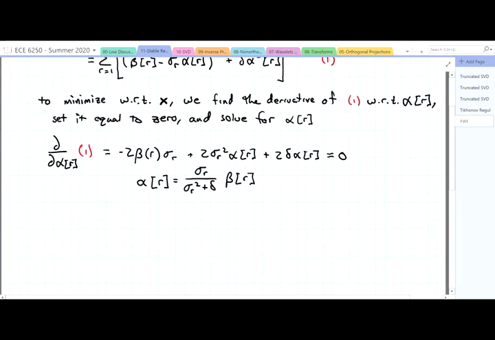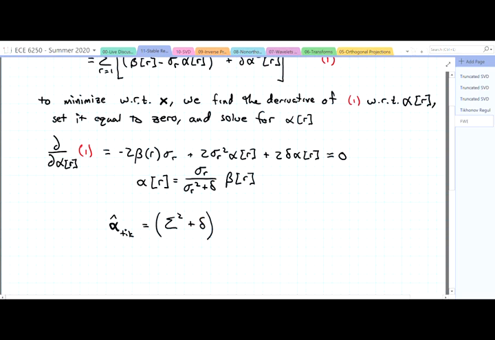So we can express this in matrix form in this manner, matrix vector. So we'll have alpha, do Tik, not for TikTok, but for Tikhonov, sigma squared plus delta.